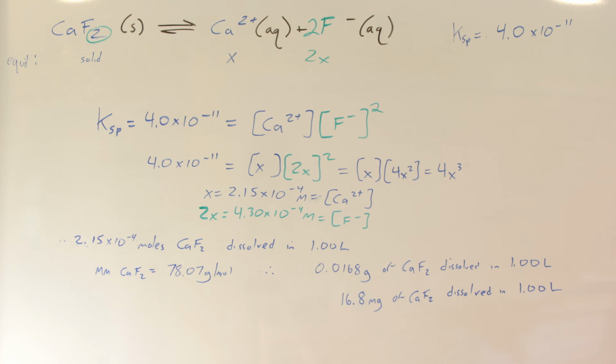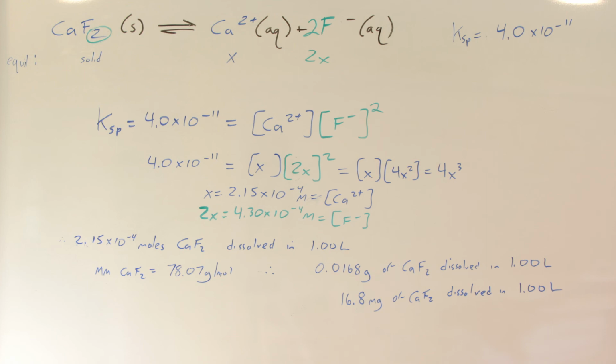So we can work out from that and the molar mass of calcium fluoride that we need a little bit less than 17 milligrams of calcium fluoride to reach equilibrium. So a little bit better solubility than what we saw for silver chloride, but still really bad. Again, slightly soluble, the emphasis there on the word slight. This is not a lot of solubility here, but it's also not zero. So we have to take that into account.